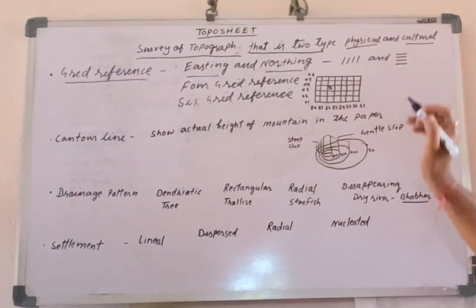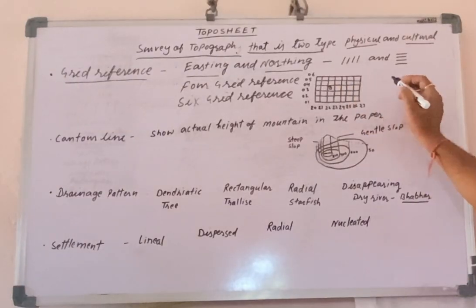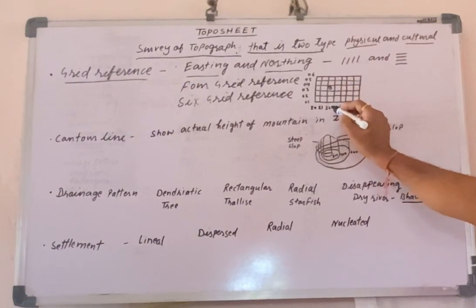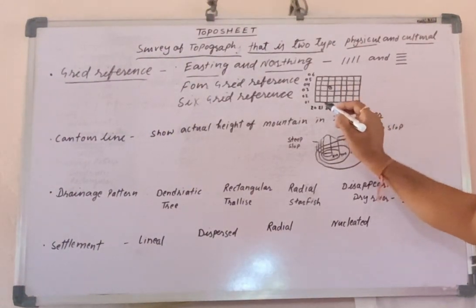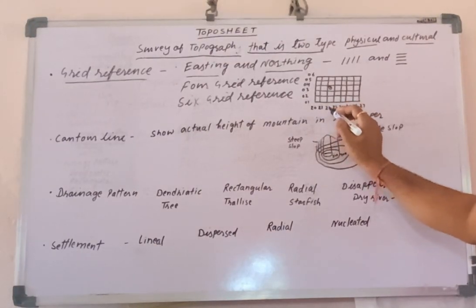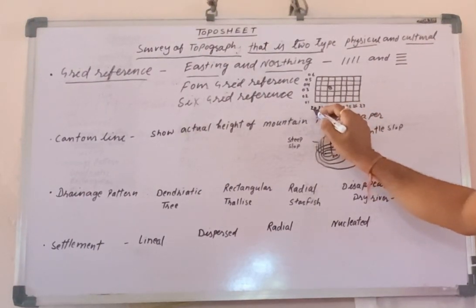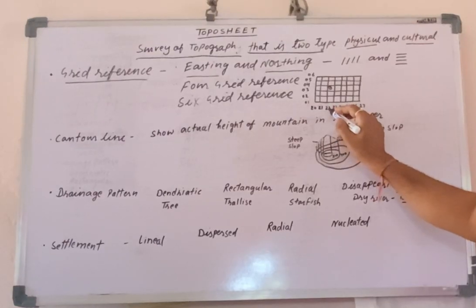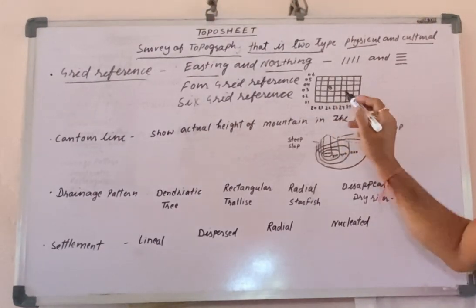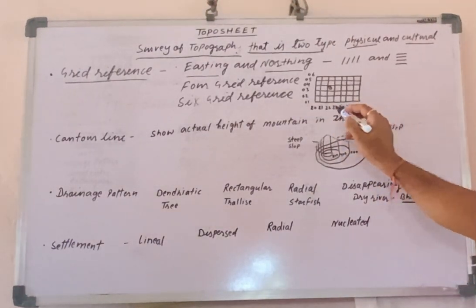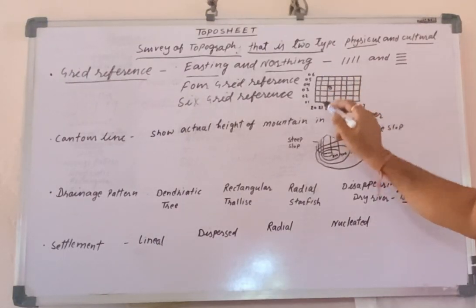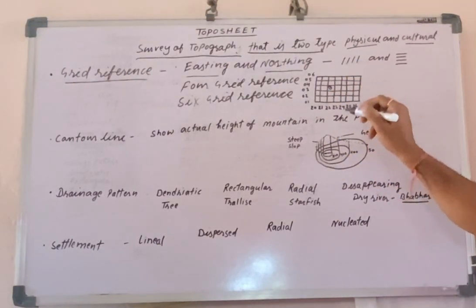So how do we measure it in the 4 grid reference? First we will take out the grid reference of the eastings. Easting means the lines which run vertically.